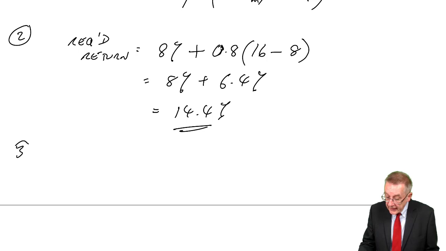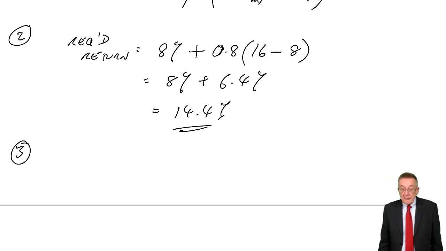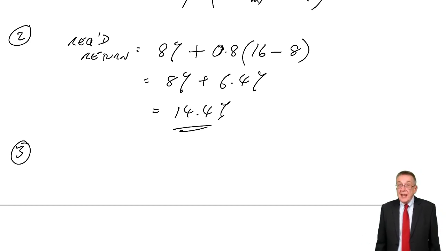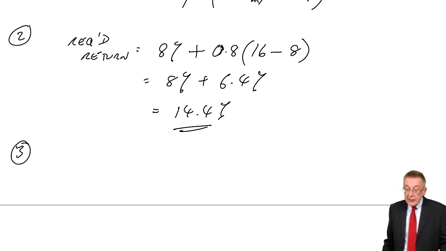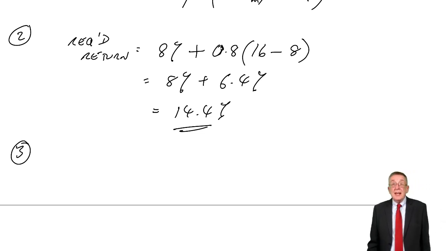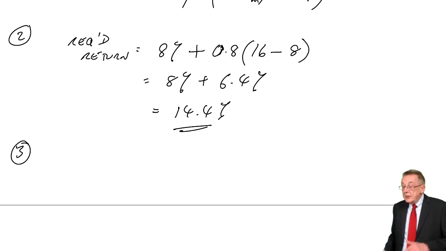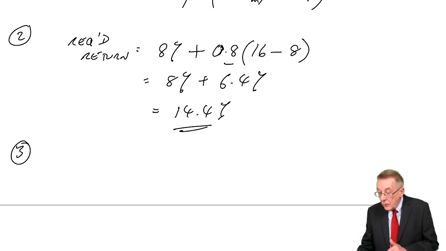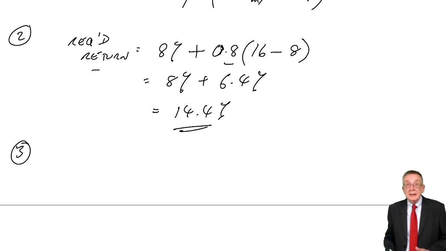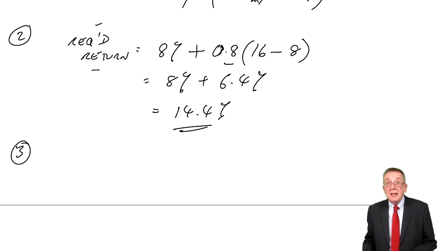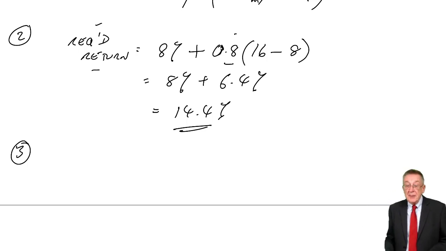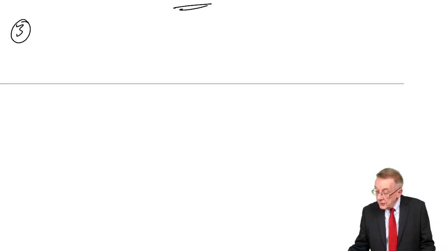Oh, look at example 3. This is a little work backwards, in that here we know what the return is, it's 20%. We know what the stock exchange as a whole is giving, 25, and the return on government securities is 8%. And this time, instead of knowing the beta and wanting the required return, we know the required return, and we want to calculate the beta. How can we do it?